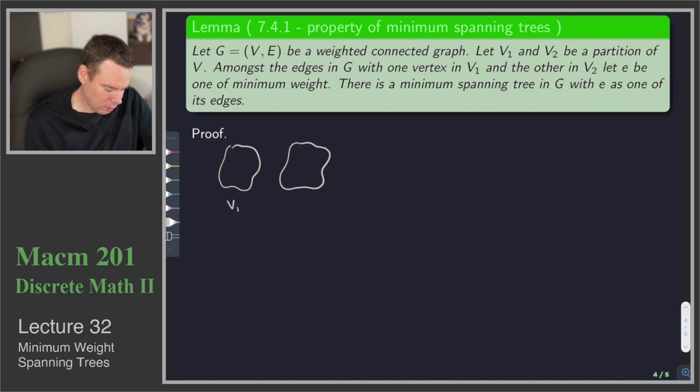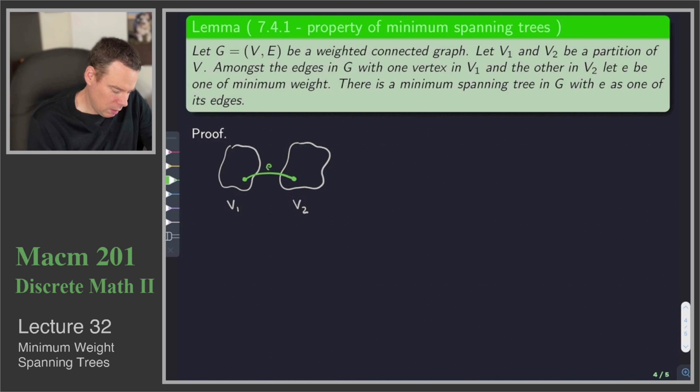So the idea is we've split up our graph into 2 vertex sets. And of all the edges that bridge these 2 sets, there's one of them, or there could be more than one that has the same weight, but there's one of them of minimum weight.